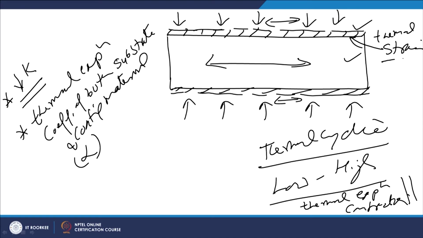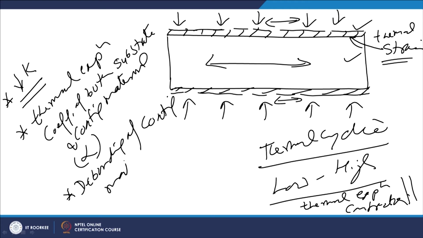Such thermal strain on heating and cooling will lead to debonding of coating material from the substrate. So, this is a problem, because if the two materials have different thermal expansion coefficients, on heating and cooling the thermal strain at the interface will cause the removal, separation, chipping of the coating material from the substrate.